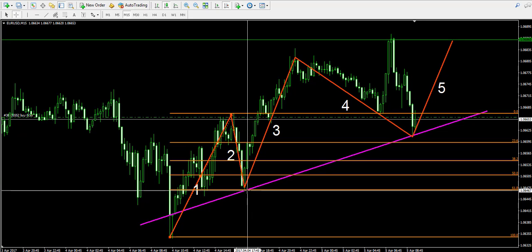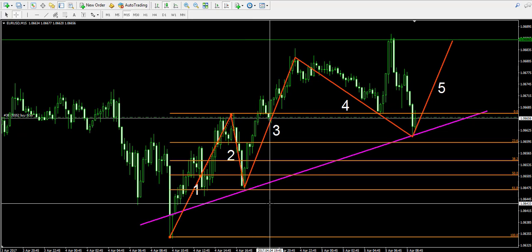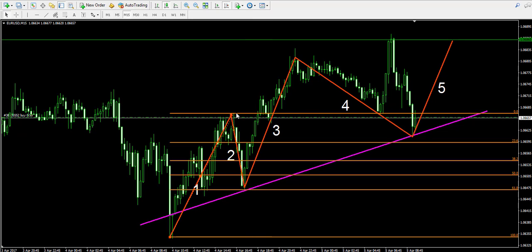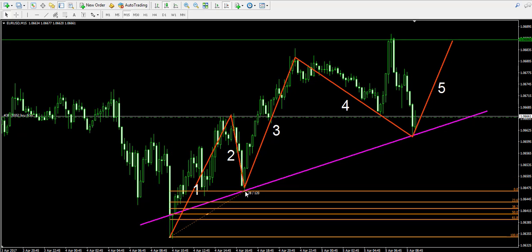The first wave. Here it is, 61.8. This means that the current trend we're looking at meets the first requirement of the Elliott Wave Theory.